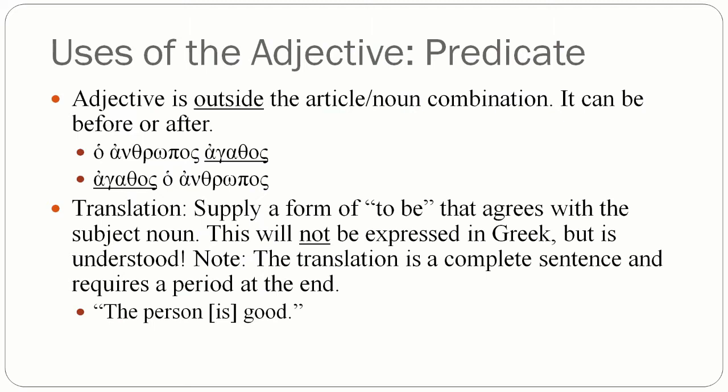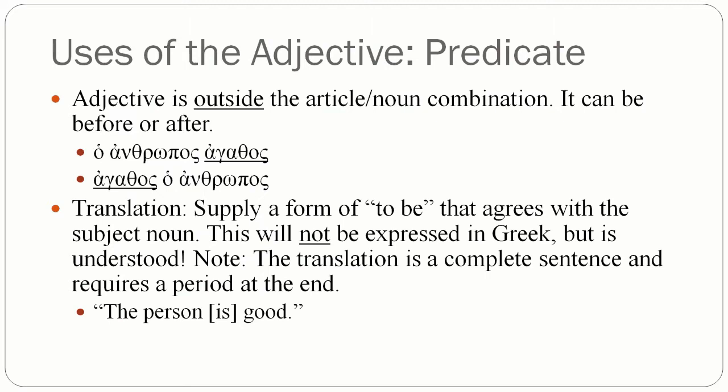When you have that happen, you have a predicate adjective. This is distinct from the attributive, because the attributive must be within or associated with that article and the noun. The predicate comes outside of that combination. Both of those examples are predicate adjectives.